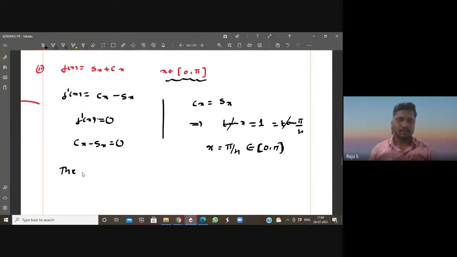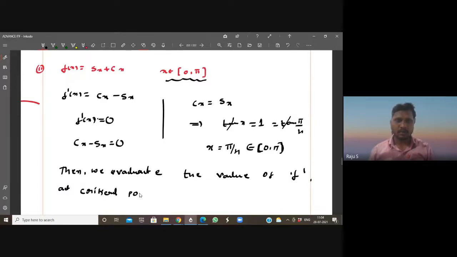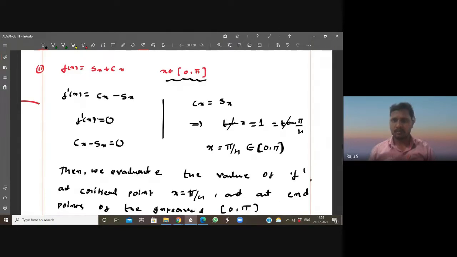Then we evaluate the value of f at the critical point x is equal to pi by 4, and at the end points of the interval, 0 comma pi. So like that you have to write.